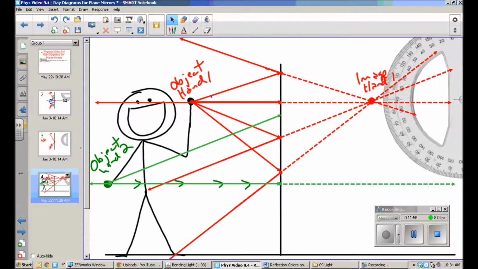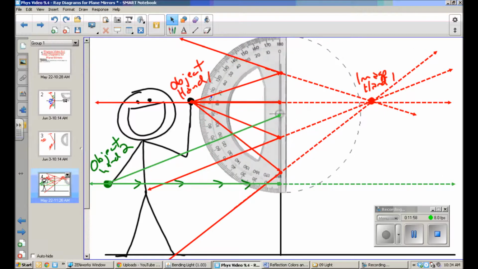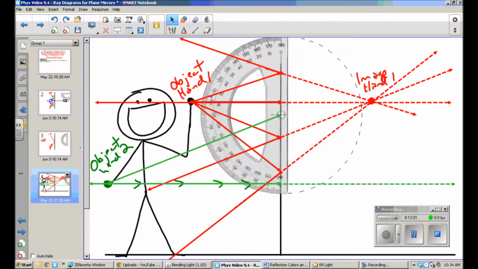So we need to use our protractor and measure some angles here. So let's see, once again, my cheater angle, I'm trying to measure this angle here, so 10, 20, 30, 40, 50, 68 degrees maybe. Which means that my reflection also has to be at 68 degrees. So 10, 20, 30, 40, 50, 68 degrees.